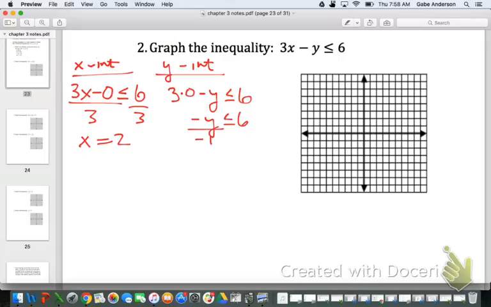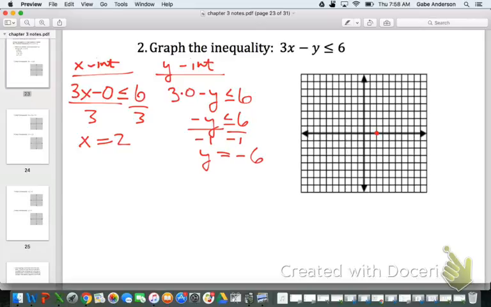Dividing through by negative 1, technically, I'd get y is greater than or equal to negative 6. I'm not going to get too hung up on the inequality at this point. I'm simply going to say y equals negative 6. That's going to give me my intercept, and I'm going to graph those two intercepts, okay? So my two intercepts are, x-intercept is 2, so that is right about here.